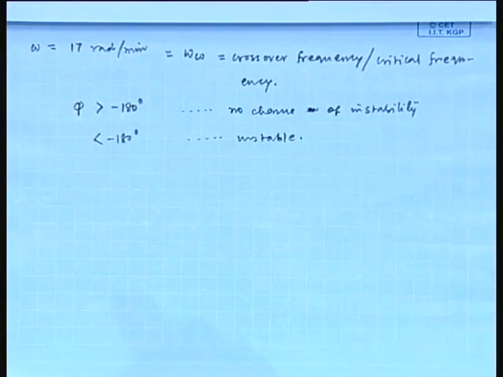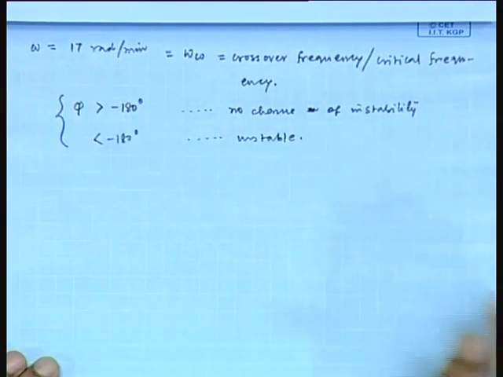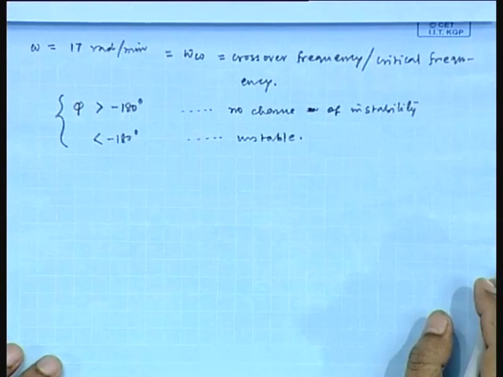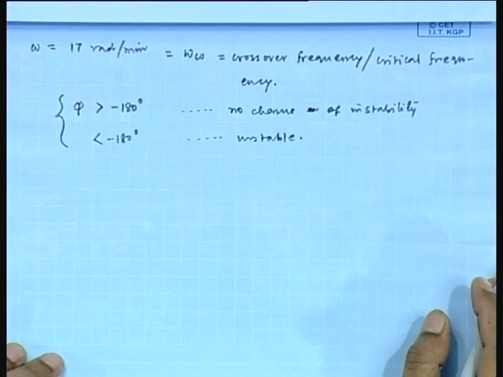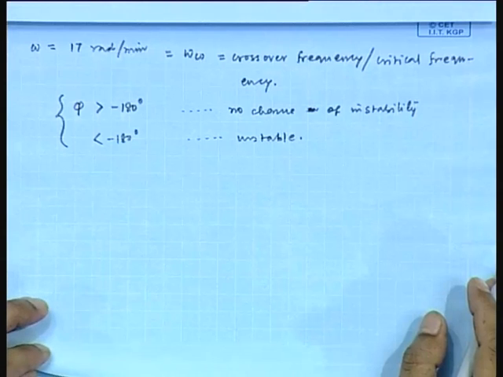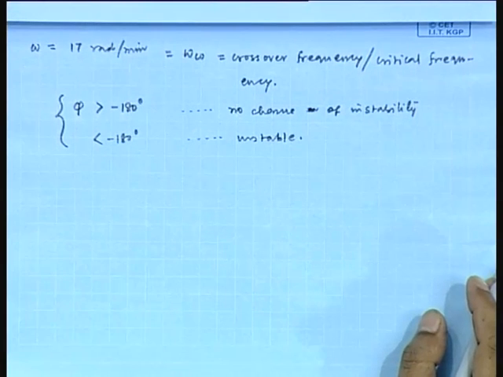Fine. So, we got crossover frequency equal to 17 radian per minute. Here the dead time is given in minute and time constant is also in minute.